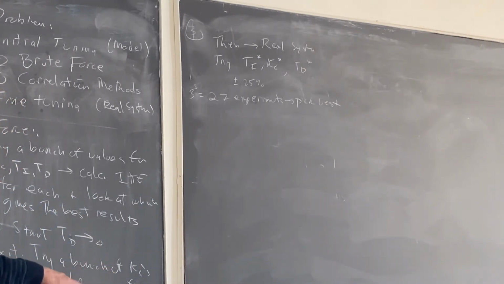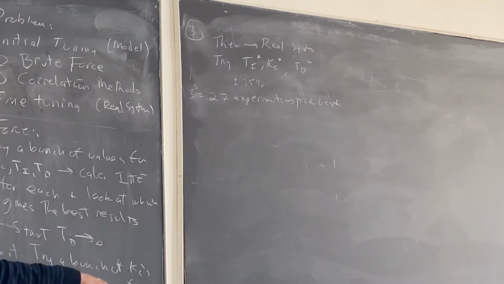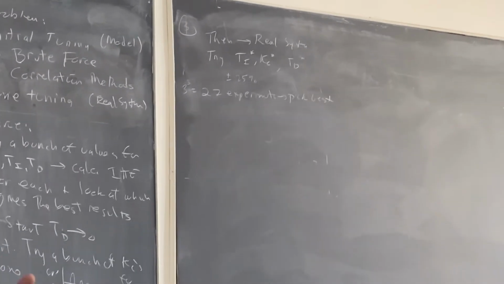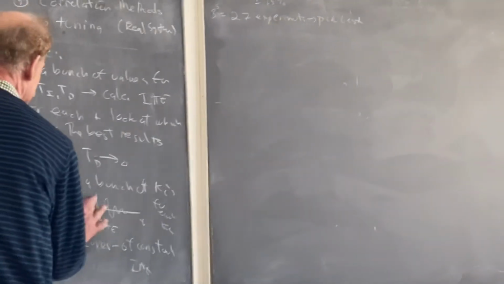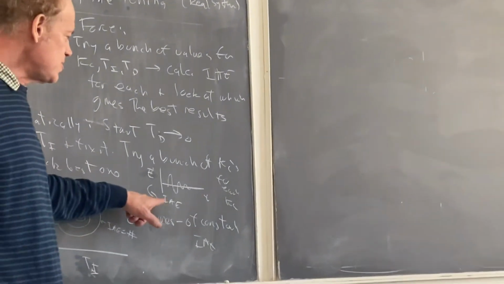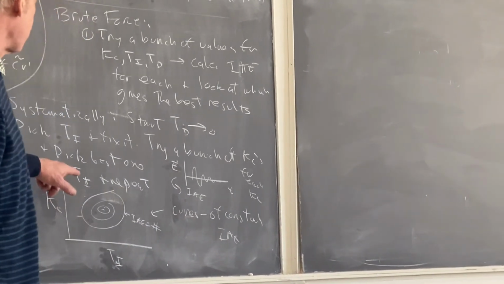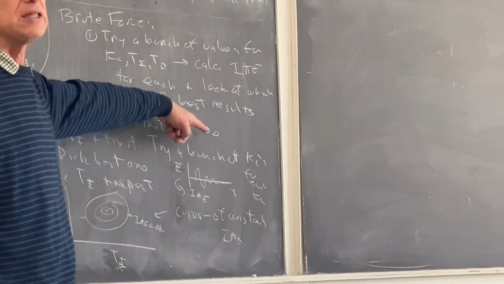So for this TI, I pick a KC. For each, I calculate CV prime, or if you like, instead of CV prime, I would make this the error. I would calculate the error as a function of time. And then I would get a number for the integral absolute error. And I would do this for a bunch of KCs and pick the best one.